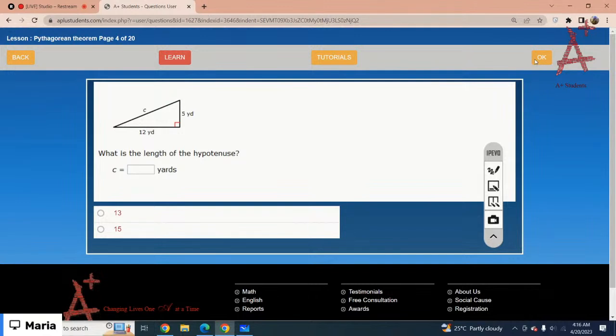I think that would be 13. So the correct option is 13. So the hypotenuse equals 13.